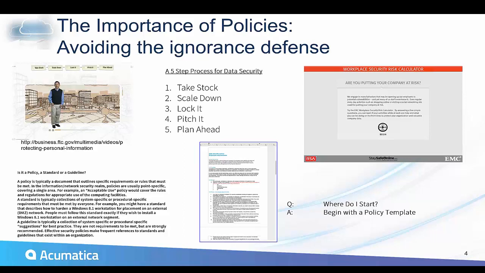So if you think about it, a policy is typically a document that outlines specific requirements or rules that must be met. All right? For example, an acceptable use policy covers the rules and regulations for using the computing facilities, including internet access. All right? And in the information or network security area, these policies are usually point-specific and cover a single area.